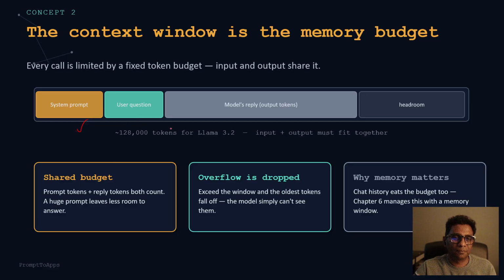This is what the context window is: the entire prompt and the system prompt, which I will explain later when we deal with what a system prompt is, then the user question, the model output, and some room, together with any messages. All of these combined become the context window. One thumb rule is, if you give more tokens than the context window, the performance of the model will go down.